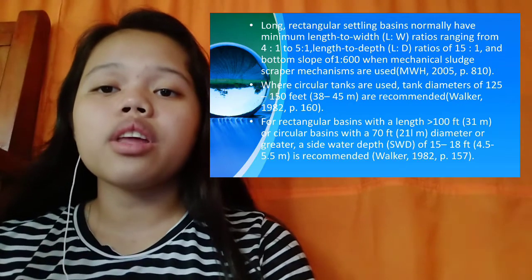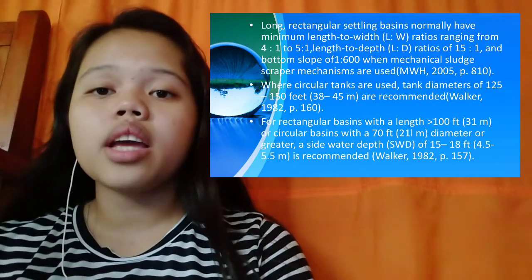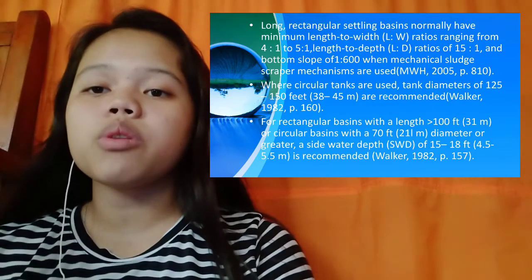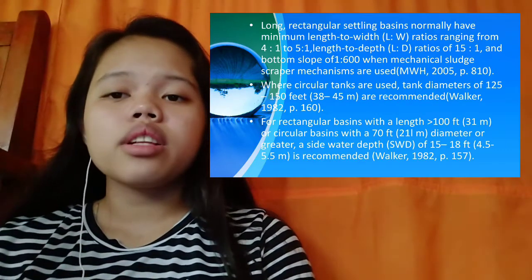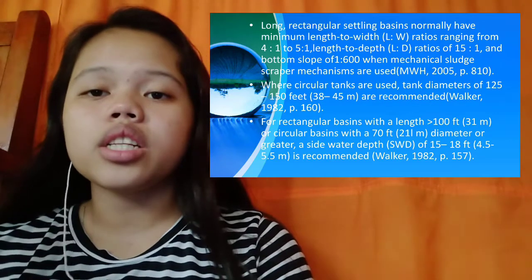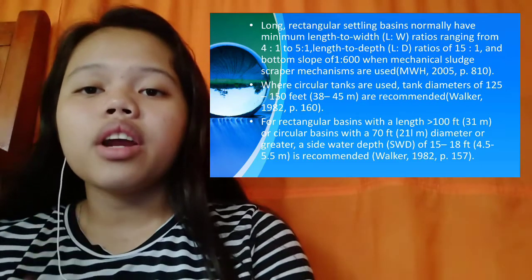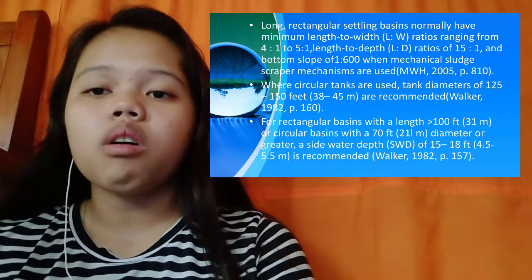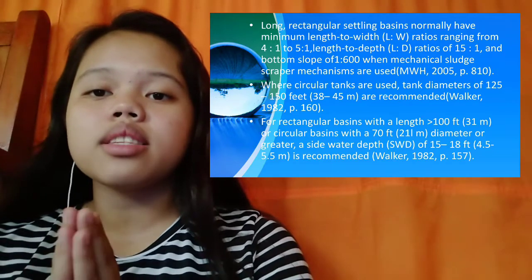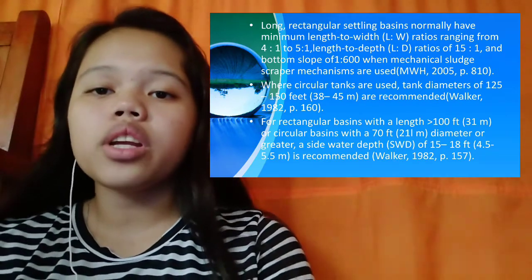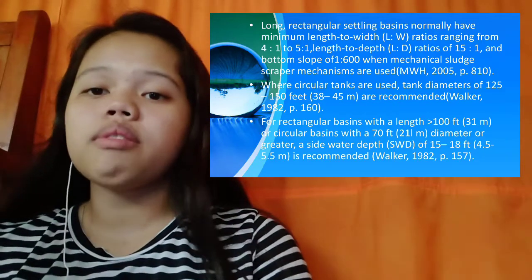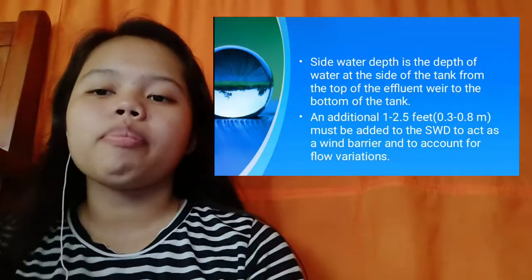Where circular tanks are used, tank diameters of 125 to 150 feet are recommended. For rectangular basins with a length greater than 100 feet or circular basins with a diameter of 70 feet or greater, a side water depth of 15 to 18 feet is recommended.